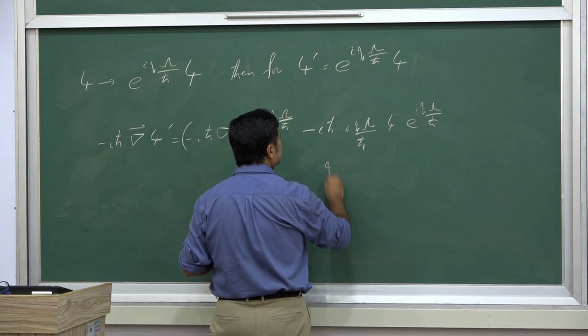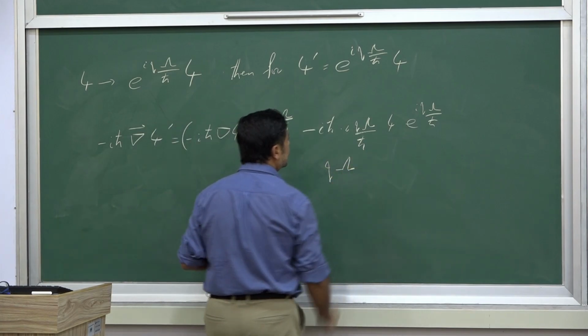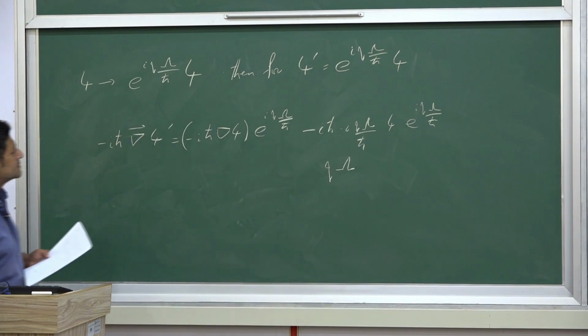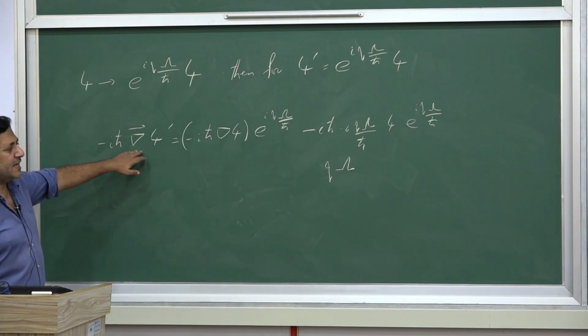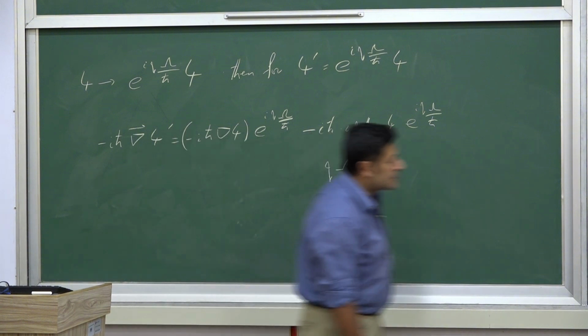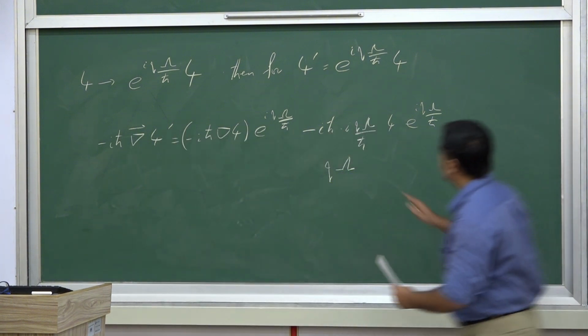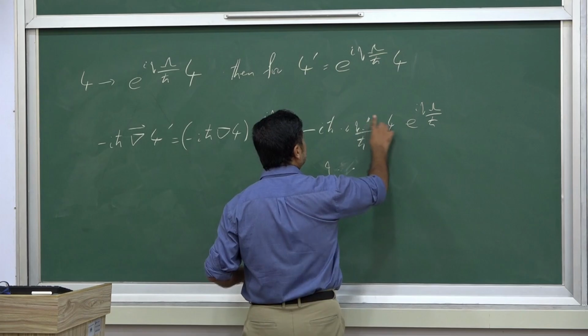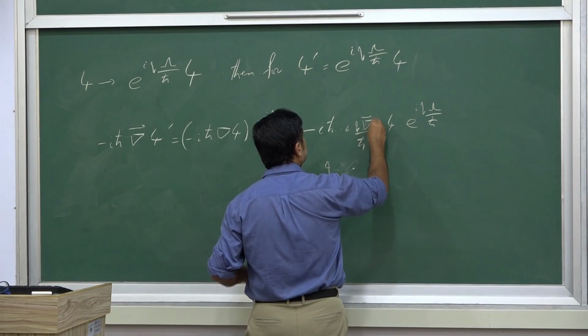So I get q lambda. Application of this generates not q lambda, but q del lambda.